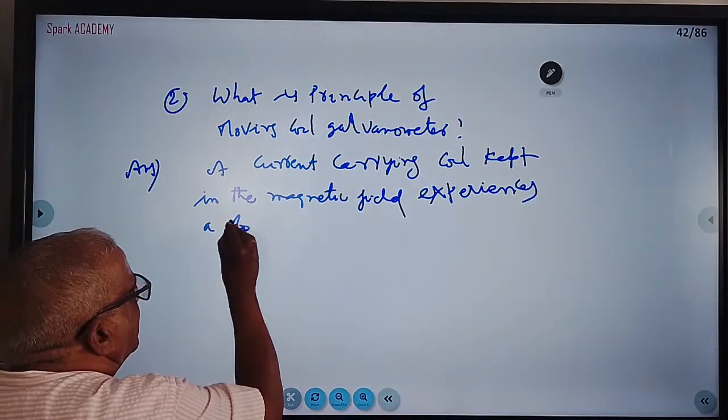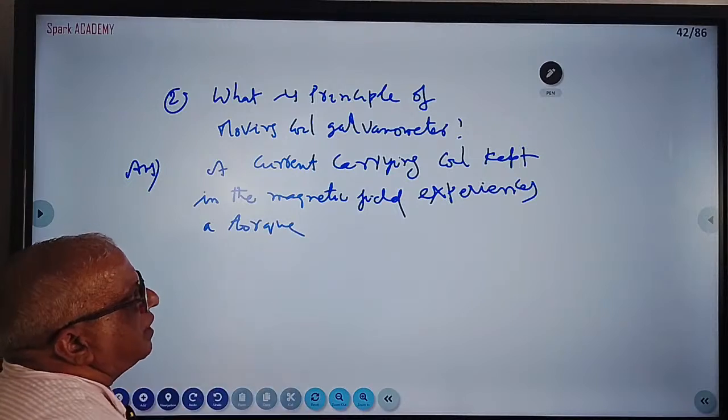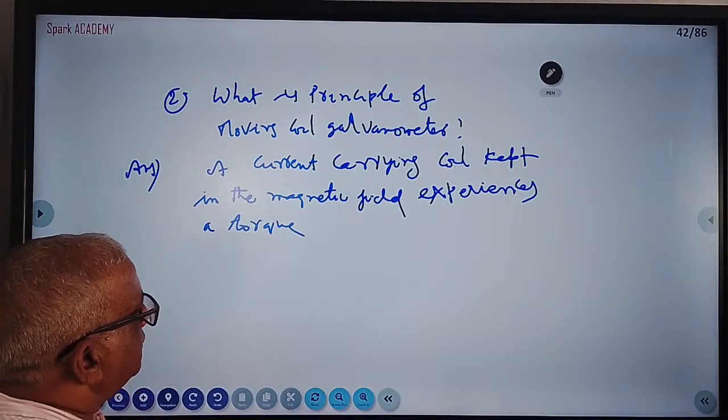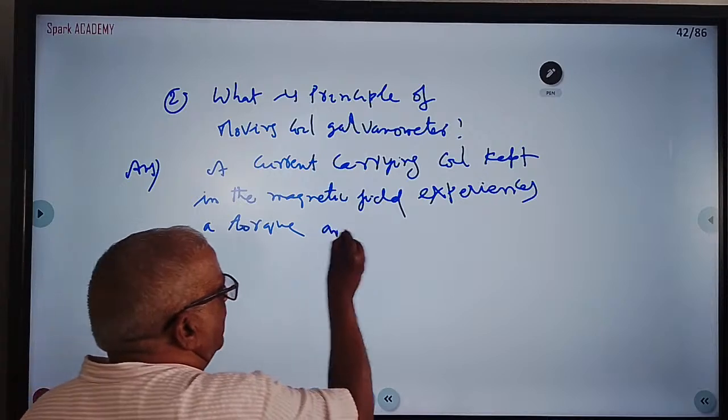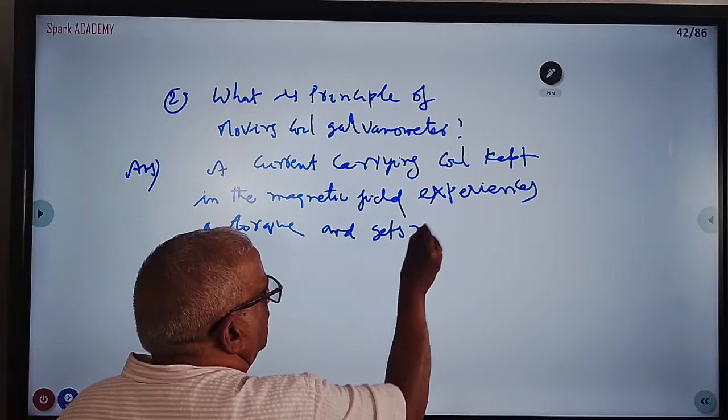A current carrying coil kept in the magnetic field experiences torque and gets rotated.